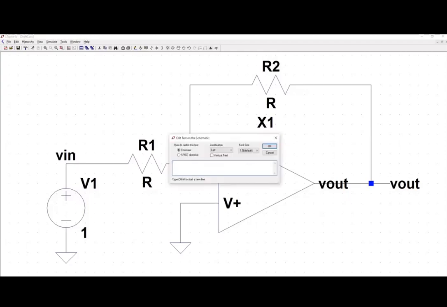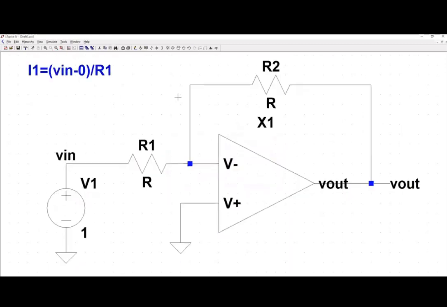Let's just write that down. So we have I1 is equal to V in minus 0 divided by R1. And since we know that this node is at 0 volts, and we know that current flows from high to low potential, the current going into this node is flowing from V out into this node.